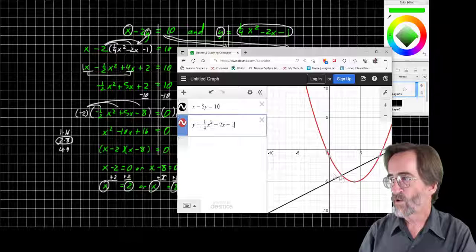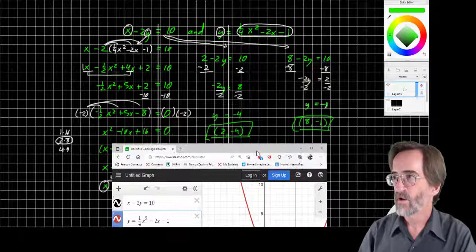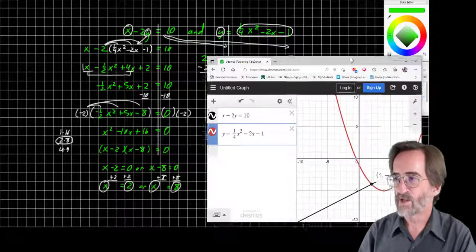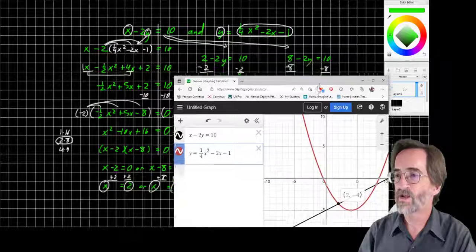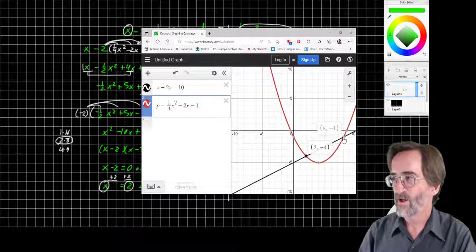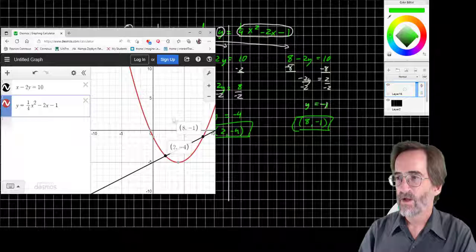And we're going to look for where they cross. They cross at negative 2, 4. No, 2, negative 4. There we go. We were right. x equals 2, y equals negative 4, and x equals 8, y equals negative 1. And notice the line crosses both places.